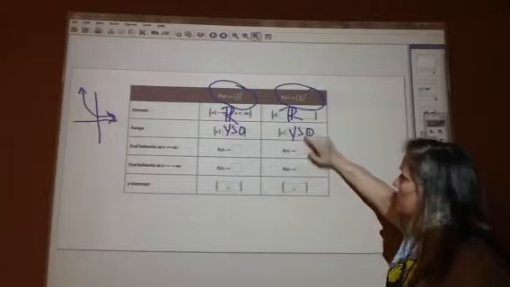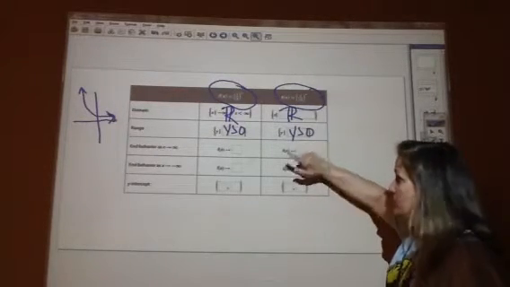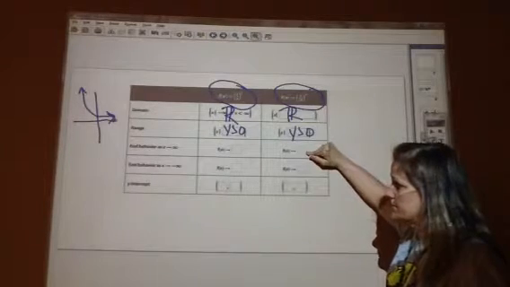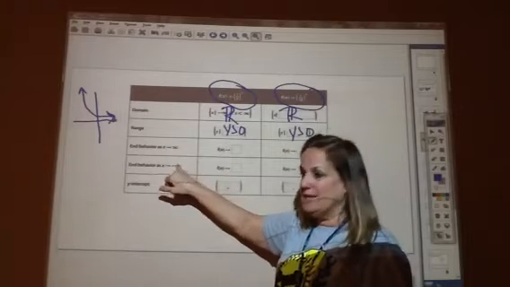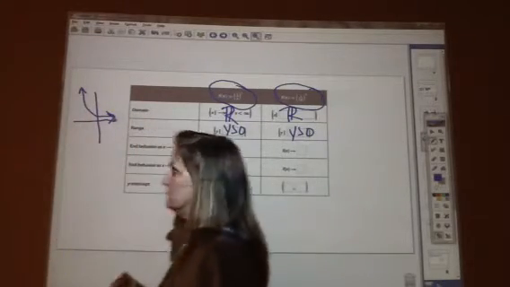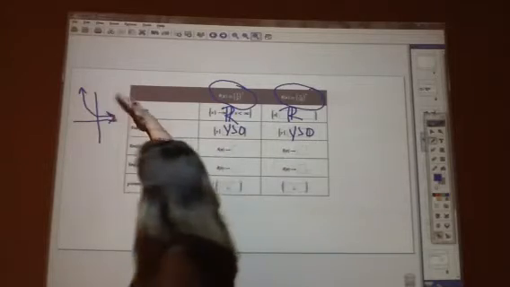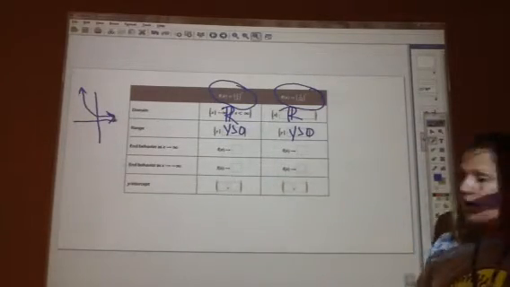What about on our 1/10 to the x? 0. Same thing. They're both going to be the same. Now the end behavior when x approaches negative infinity. So here it goes this way. What is y approaching when we're moving to the left of the graph? What is y doing? Approaching positive infinity on both of them.